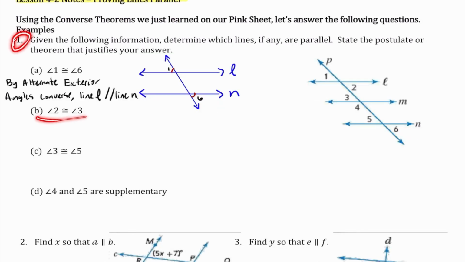Let's take a look at 1B. Angle 2 is congruent to angle 3. Here's angle 2, it's part of line L, and angle 3 is part of line M. So what I'm going to do now is draw the two lines intersected by the transversal.